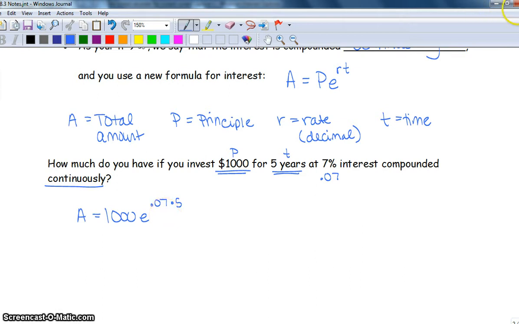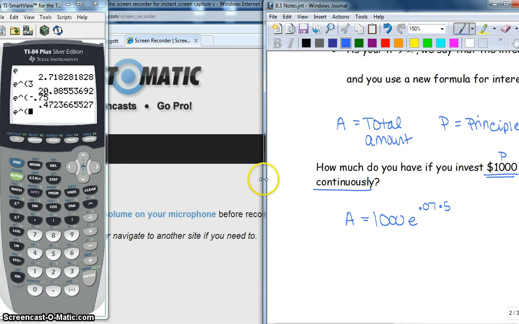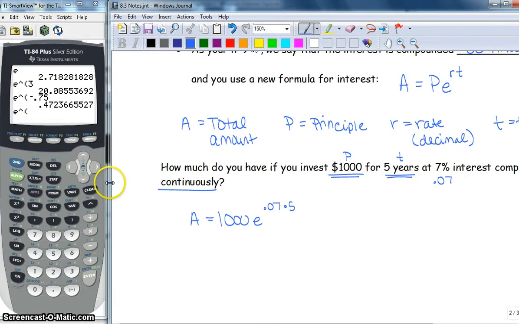And this is where it's important to have that button on your calculator where it raises to both numbers. So let's look at our calculator. I have 1,000. Oh, let's clear that out. And then I'm going to do second ln, and I'm going to raise that to 0.07 times 5.